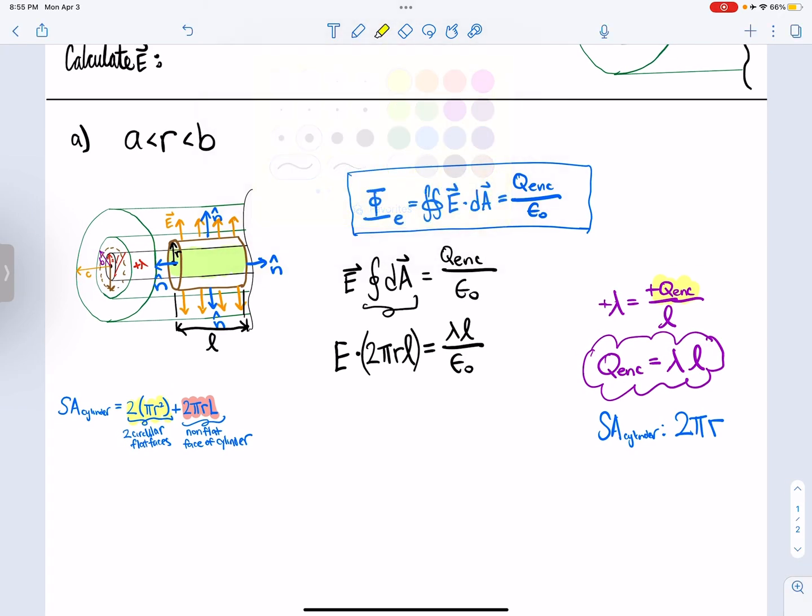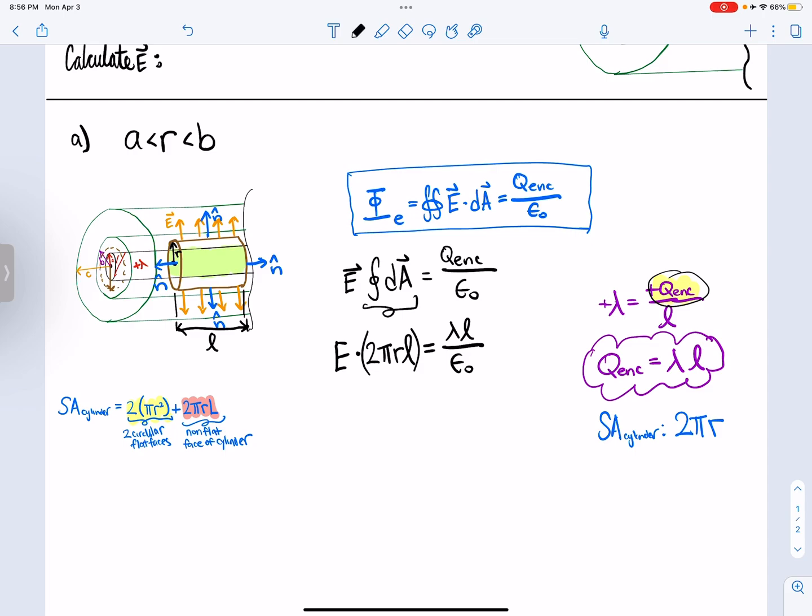So to find Q enclosed, I multiply my charge density by the length, and I'm just going to substitute that here. Instead of Q enclosed, I'm going to say lambda L, right? Because that's a charge density that's enclosed within length L right here, okay? And over epsilon naught.